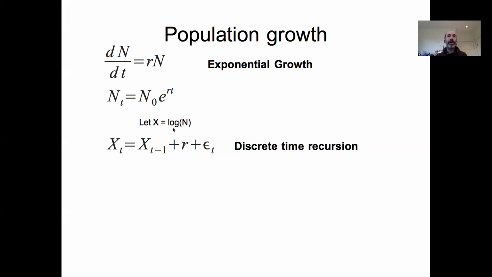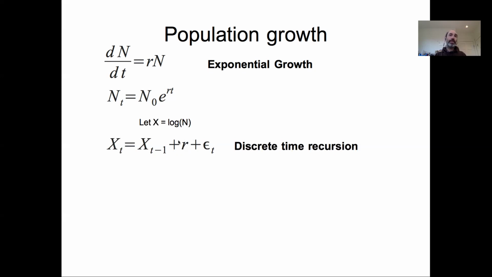In this case, if I let x be the log of N, so we transform things from a linear domain to a log domain, I can transform this exponential growth model in discrete time to x of t is x of t minus 1 plus some r plus some error.